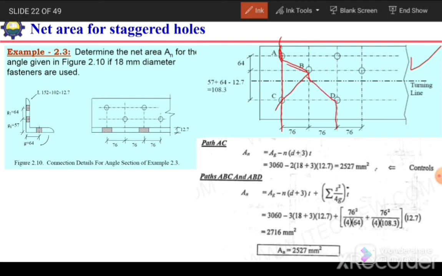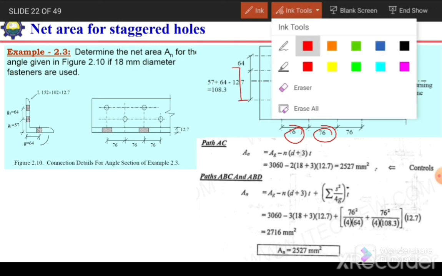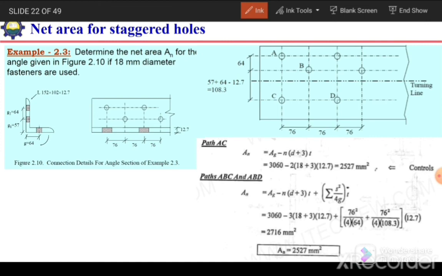The failure plane may lie between A and C, ABC, and ABD. If we compare these paths, these two paths are the same. We have the same pitch or same stagger, as well as the same gauge length. So path ABC and path ABD will be identical, so we can investigate only one.